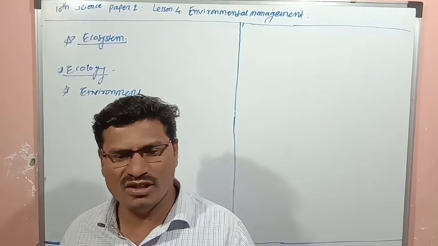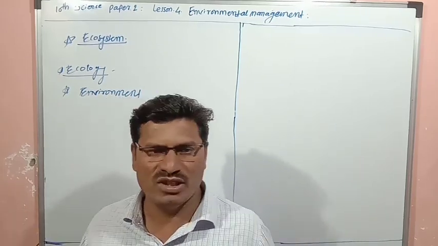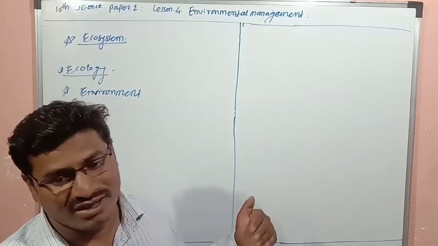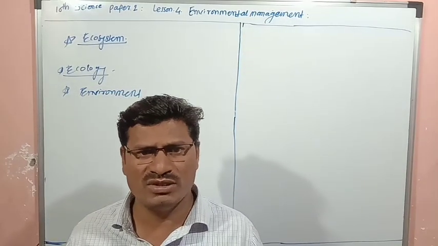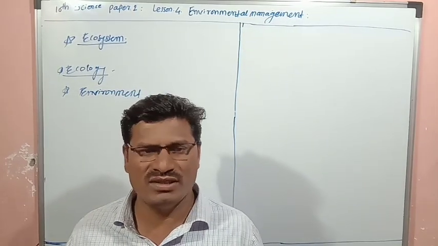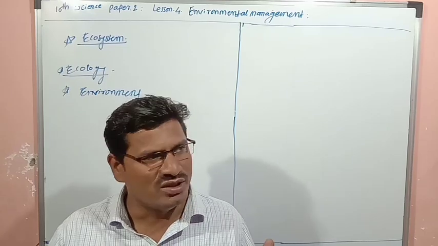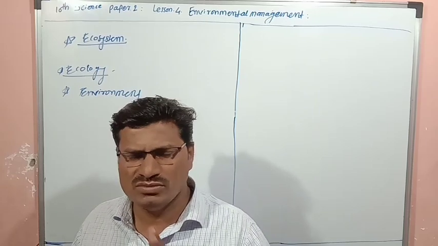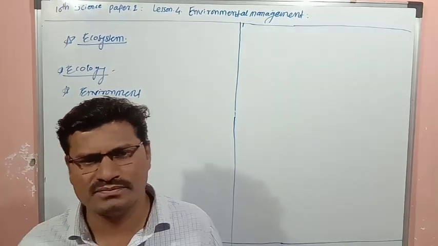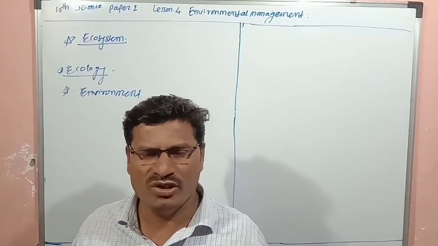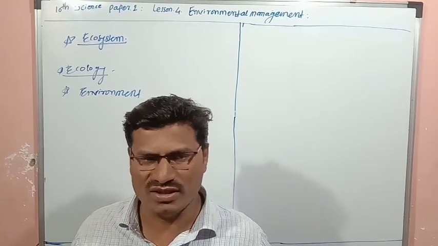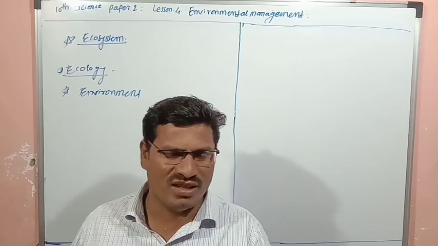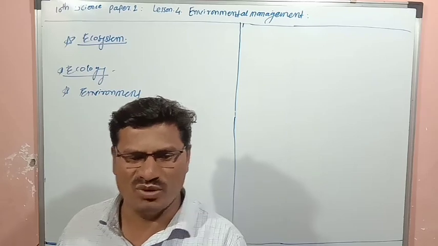In that food chain, different factors come: living, biotic factors like producers, consumers, and predators. These points we will study again in detail. In the ecosystem, among biotic factors, the producers are the plants, grass and all plants.